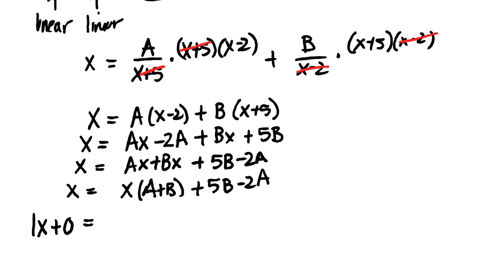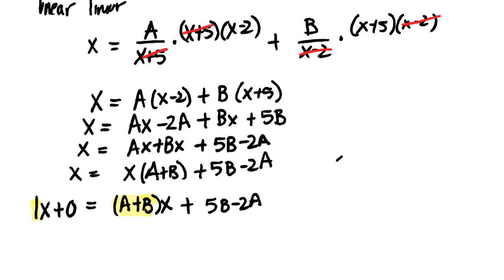On the right, I have a coefficient of A plus B on the x term, and a constant of 5B minus 2A. Since the like terms have to equal each other on both sides, I can create a system of equations. The coefficient of x on the left should equal the coefficient of x on the right.